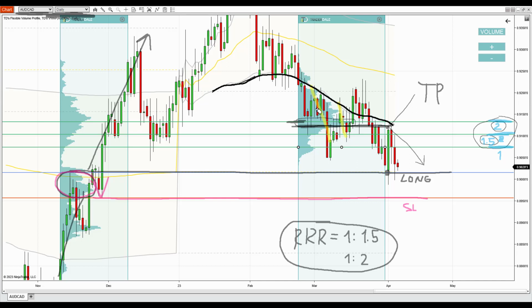Price is below the first deviation, makes a pullback and a reaction, pulls back to the first deviation again, and a reaction. So in this case, again, there was a pullback to the first deviation. The price didn't quite reach the first deviation. It missed it by a couple of pips, but still there was a reaction. So the first deviation was another reason to quit the trade in here.